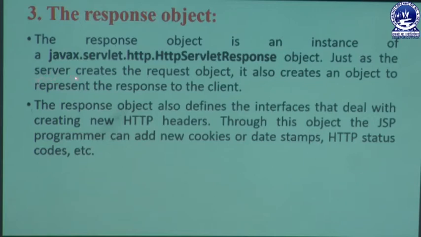That means that the server always creates the request object, and that object also creates an object to represent the response to the client. That means whenever the server creates a request object, that object is always responded to by your client, and that response is always forwarded from the server section to our client section.